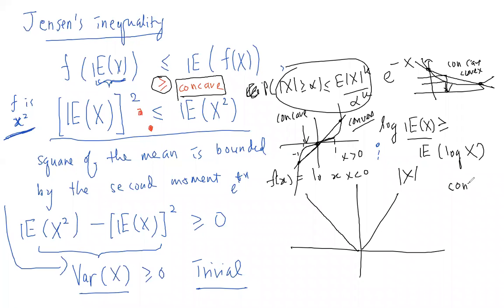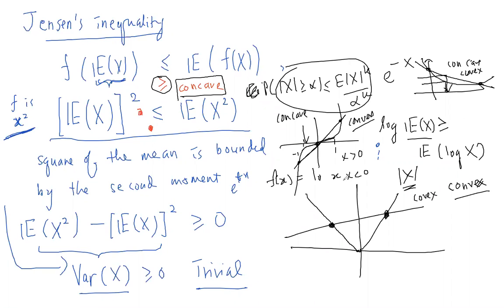Sorry, this is actually convex. I messed up. I wanted to say something about the absolute function, but this is actually convex, right? Because you put any 2 points, the line is dominating, right? So it's actually convex. Okay, never mind.